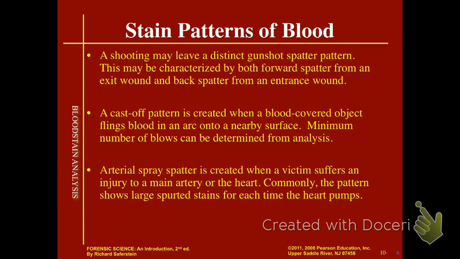Arterial spray spatter is kind of gross. That's when a victim is injured in the main artery or the heart, and that pattern shows large spurted stains for each time the heart pumps.